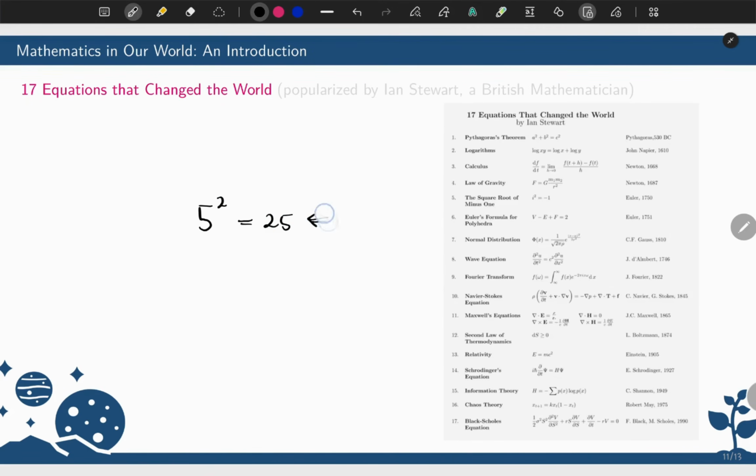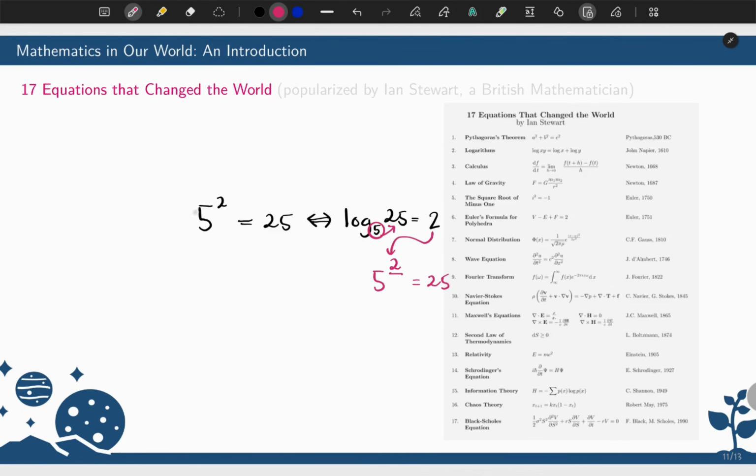This is equivalent to saying the logarithm of 25 to the base 5 is positive 2. So what does it mean? It means that the exponent that 5 must have to obtain 25 is equal to 2. That is what logarithms do.